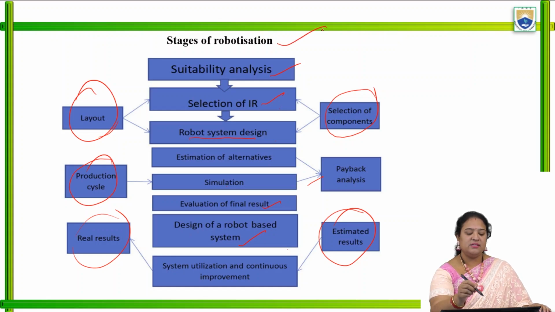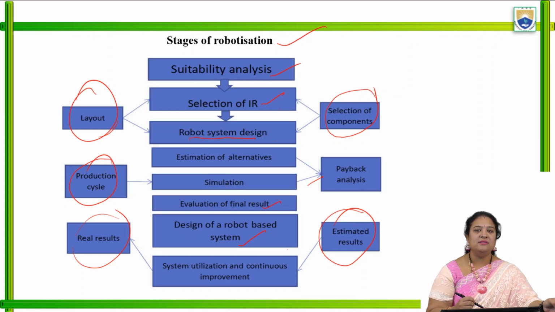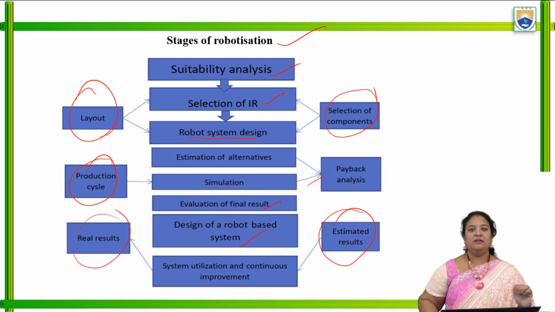So these are the stages we follow in robotization: suitability analysis, selection of the IR, robot system design, estimation of the alternative, simulation, evaluation of the final result, and design of the robot-based system, and the final conclusion, that is system utilization and continuous improvement, based on the selection of the components, the layout which we draw, the payback analysis, the production cycle, and the estimated and the final result, that is the real result we get.